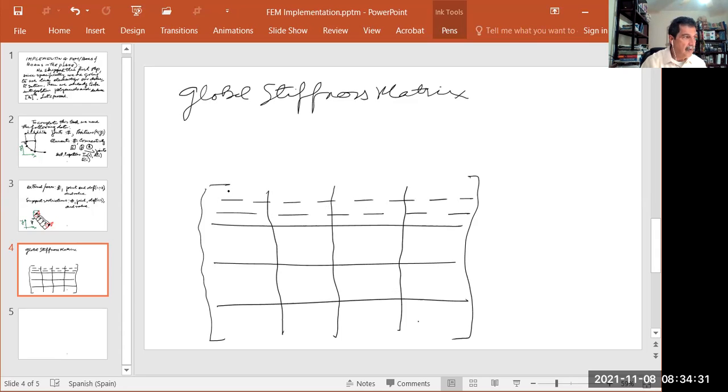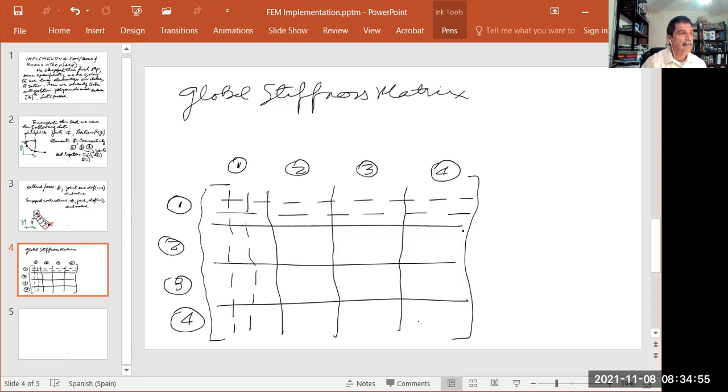And these columns are multiplied by displacement in X, displacement in Y, and rotation. So this is joint 1, joint 2, joint 3, joint 4. This is joint 1, 2, 3, and 4.